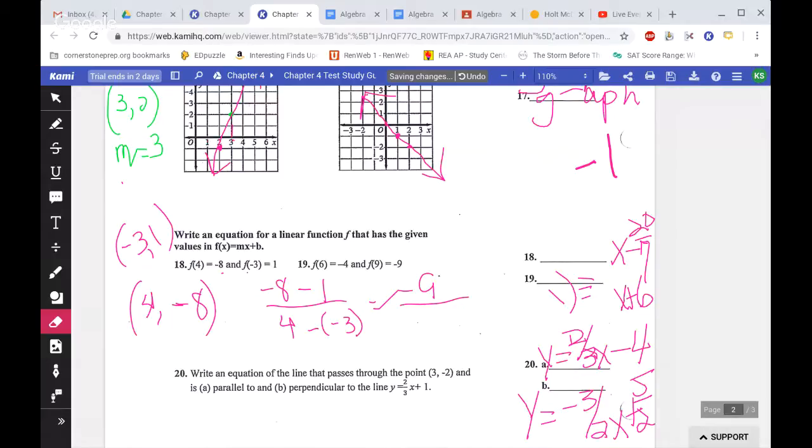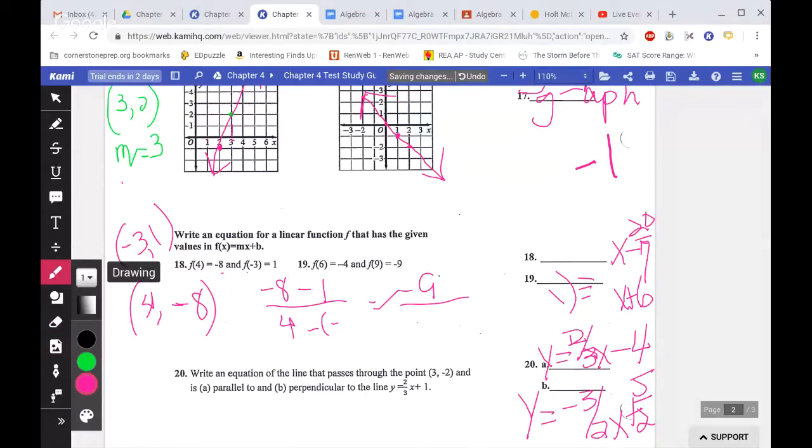So your -3 went first on the bottom as well. I can do it that way. It doesn't matter which one you do. It's just that then yours probably came out different.